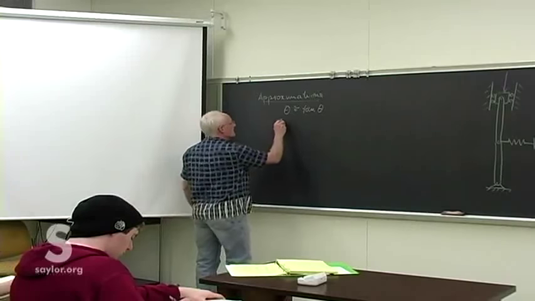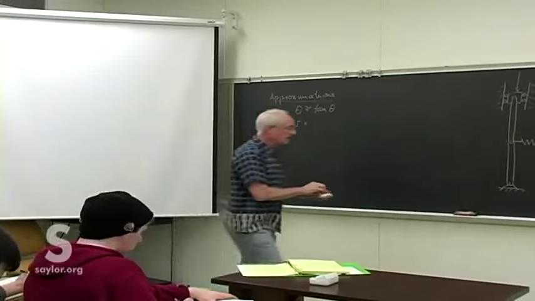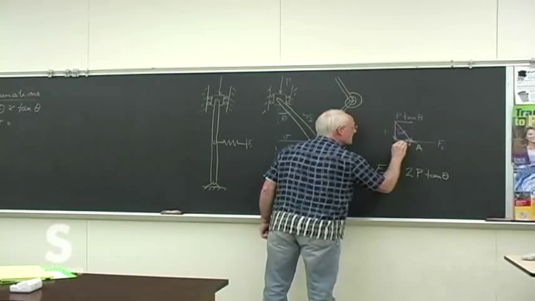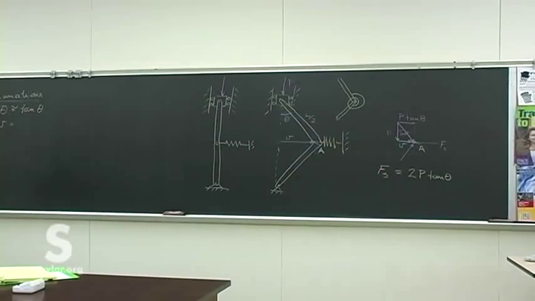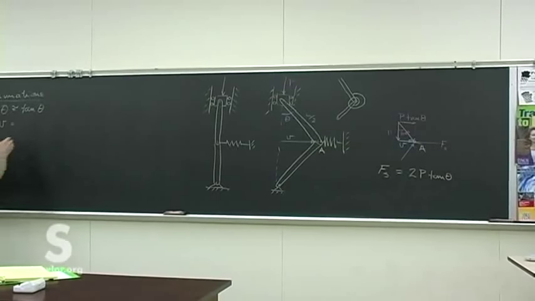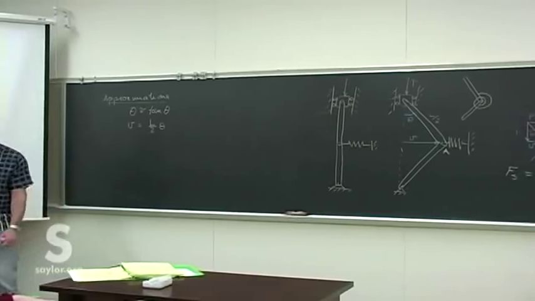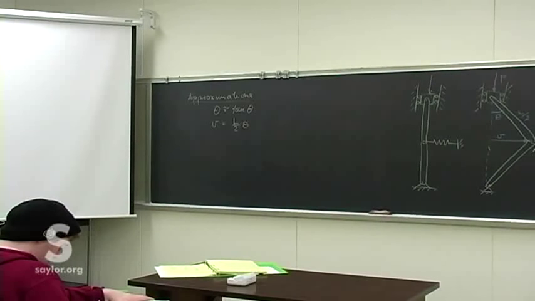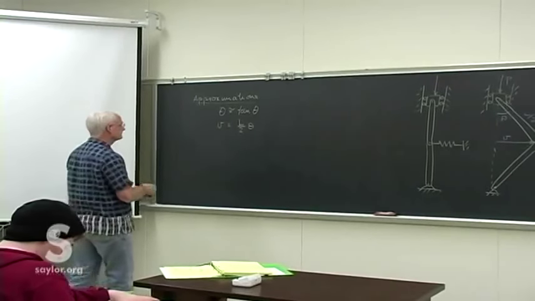And V, the deflection, remember that's this piece there, the actual distance that the point was deflected, will be approximately L over 2 theta. Theta again in radians. It's such a small angle that the arc length is essentially equal to the total displacement.